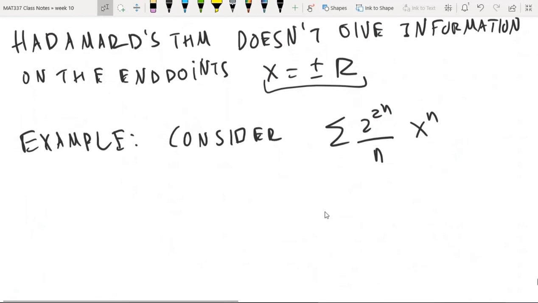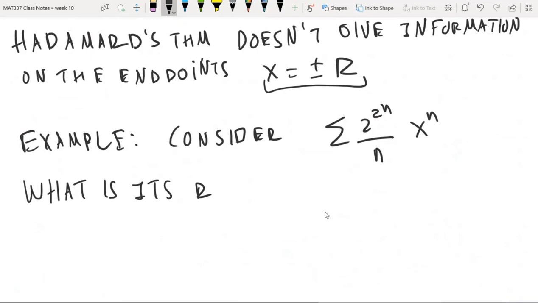Let me make it n. All right. So let's find its radius. What is its radius?